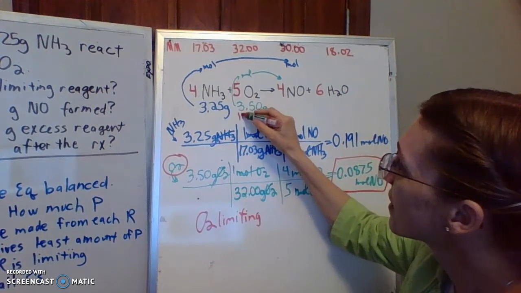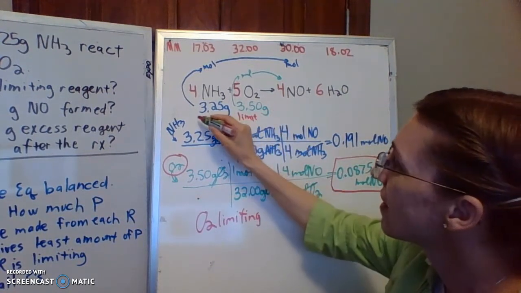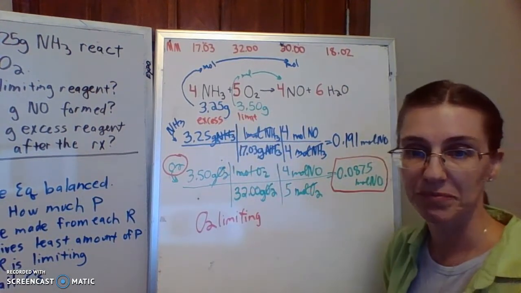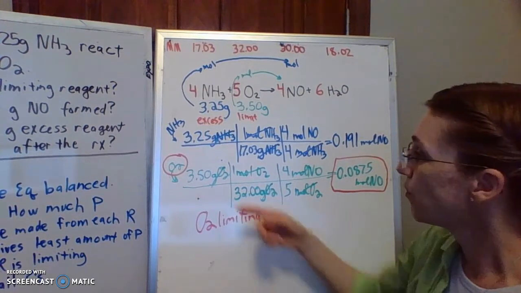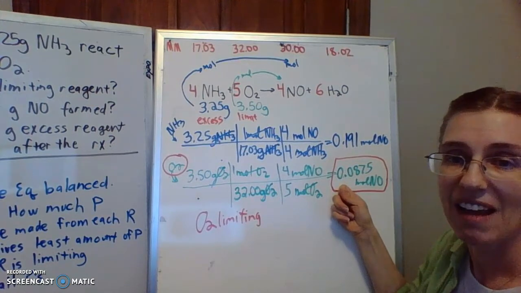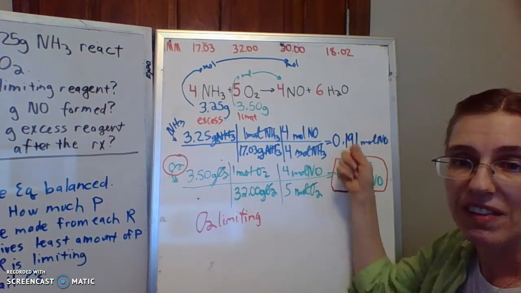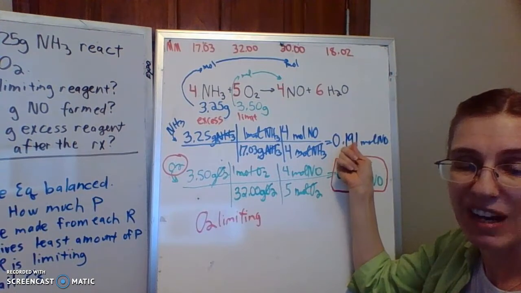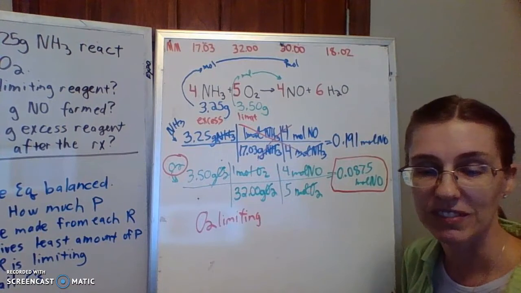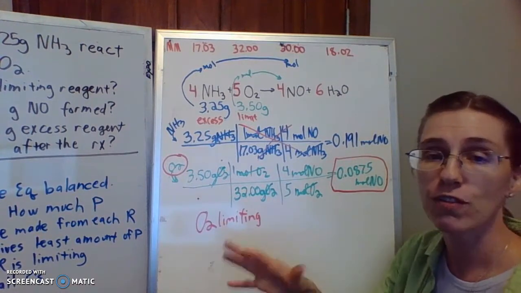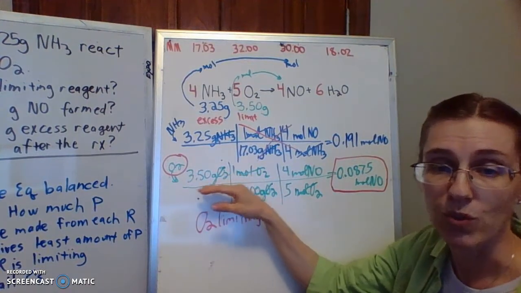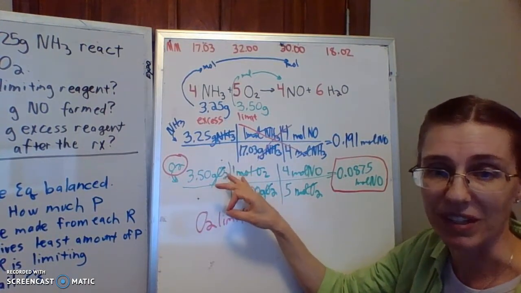If O2 is the thing that's limiting, then ammonia is excess. We run out of O2 when we produce this much NO, so we have no more O2 that can make any more, so we can never get up to that amount.